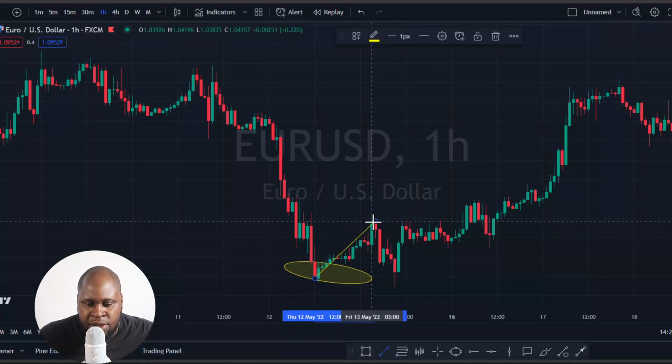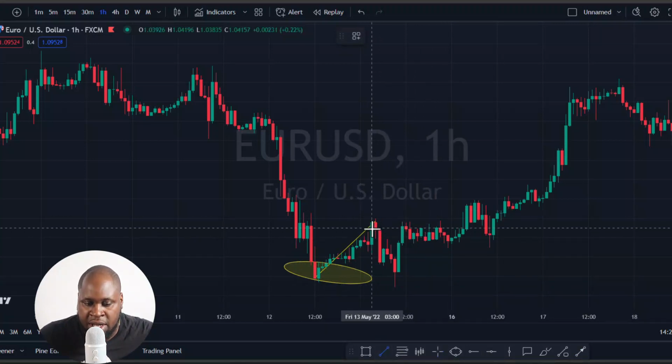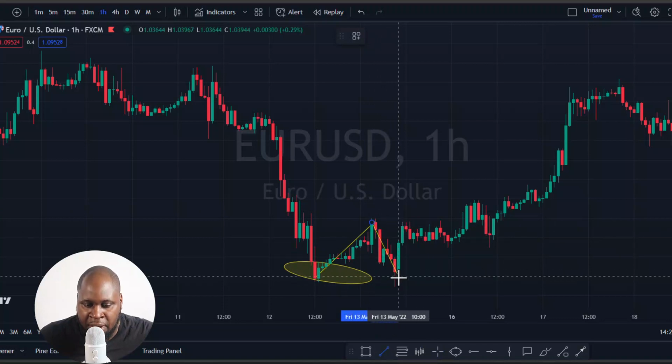And as we continue to follow the pattern of price, we notice that price came back within itself. Notice the direction of the next move. It's not going along the same path as the impulsive move. Coming back within itself is what we would start to call a correction. Okay, so this next move that price does is what we call a correction.